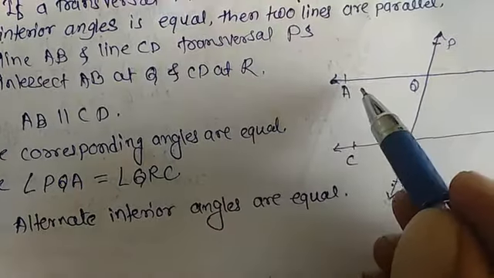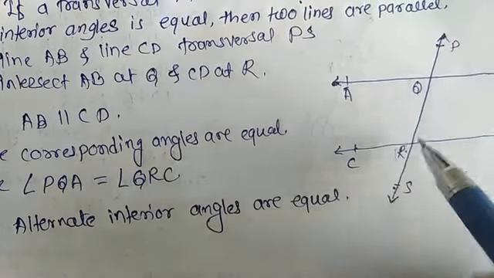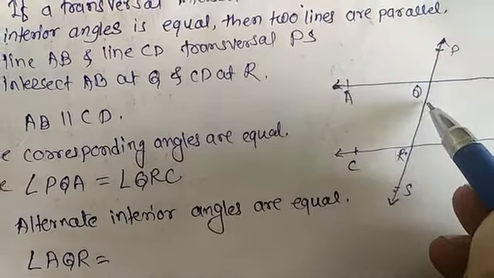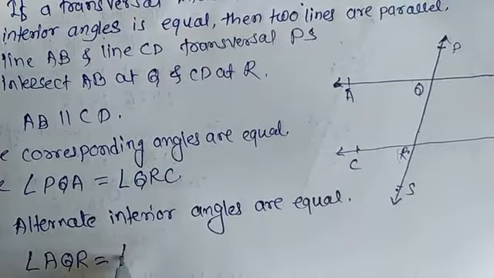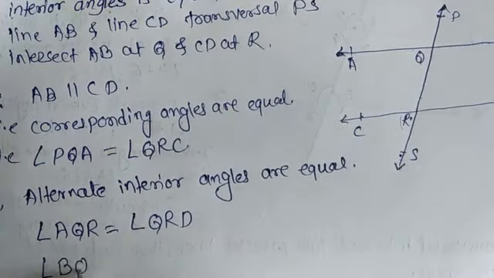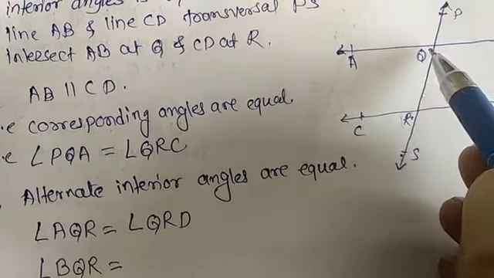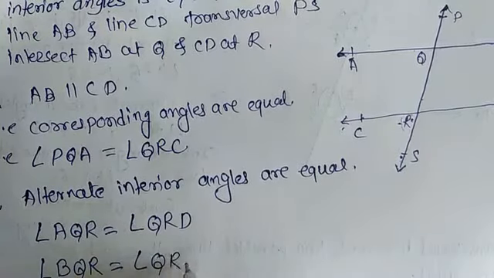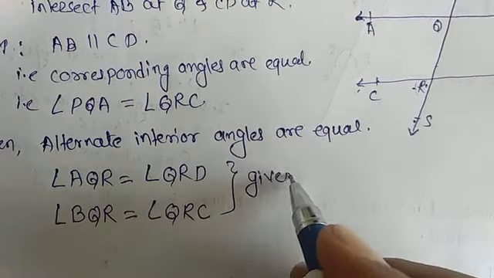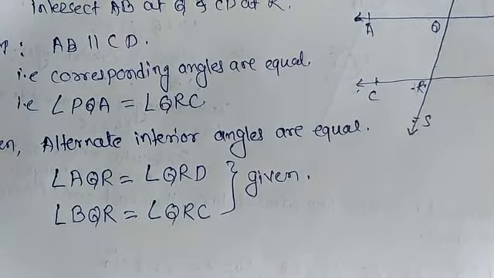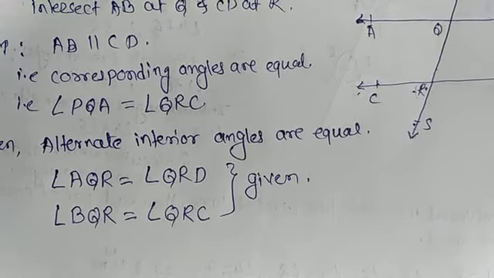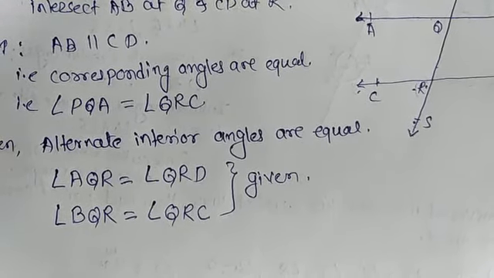So we can write angle AQR is equal to angle QRD, and angle BQR is equal to angle QRC. So this is our given: angle AQR is equal to angle QRD and angle BQR is equal to angle QRC.